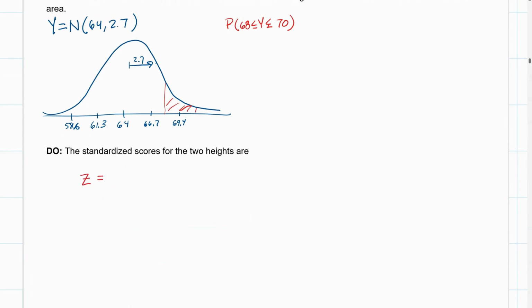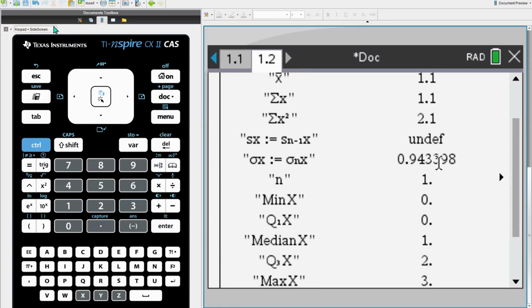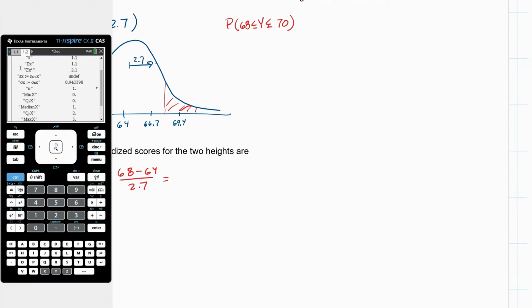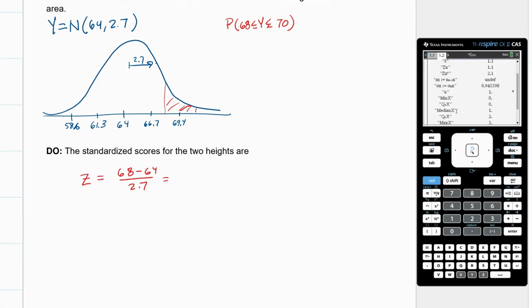So what is the standardized height for a woman who's 68 inches tall? Well, that's 68 minus 64 divided by 2.7. Let me bring this calculator back. Let me just do the handheld only, so we can see it, nice and big.